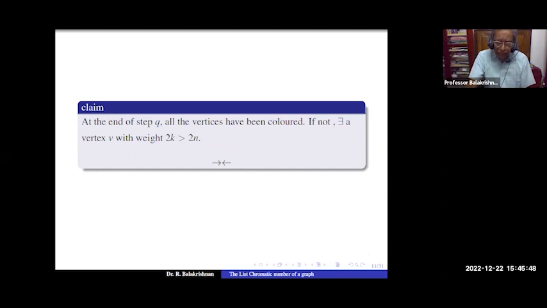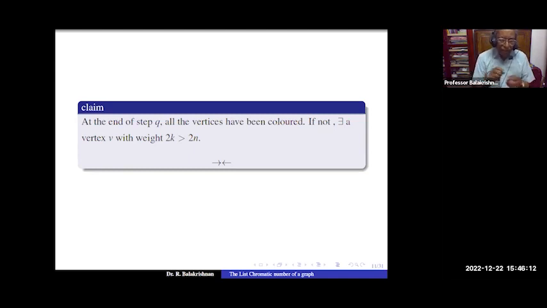If not, what happens? Well, there will exist a vertex V with weight 2^k greater than 2n. And how many steps were there? There are k steps. At every step, you are doubling it: 2, 4, 8 like that. So after k steps, the total weight is 2^k.